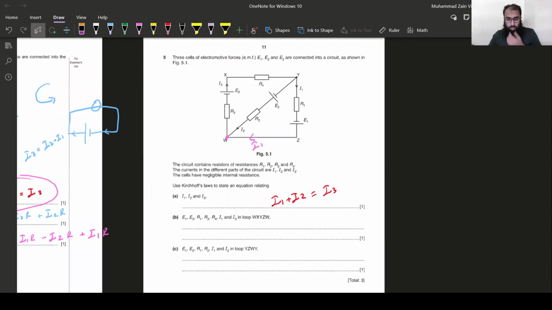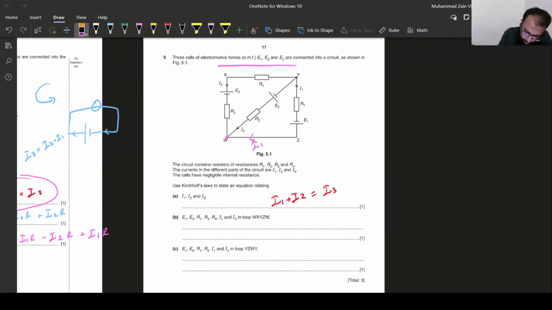Okay, and the next part is use Kirchhoff's law to state an equation relating E1, E3, R1, R3, R4, I1, and I3 in loop WXYZW, this whole loop. So they're asking me about this outer loop.